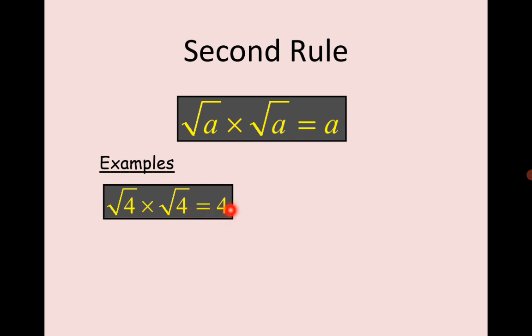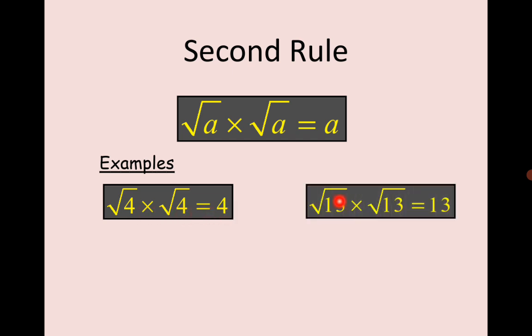It's just a 4. Root of 13 times root of 13 is 13 without a root sign. So in order to remove a root sign, just multiply the given term by itself. So in this case, root of 13 times root of 13 is 13.